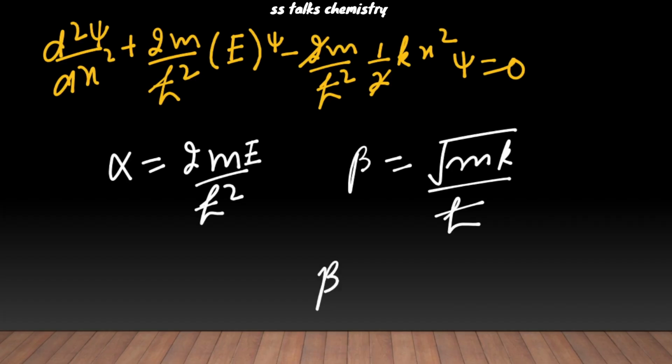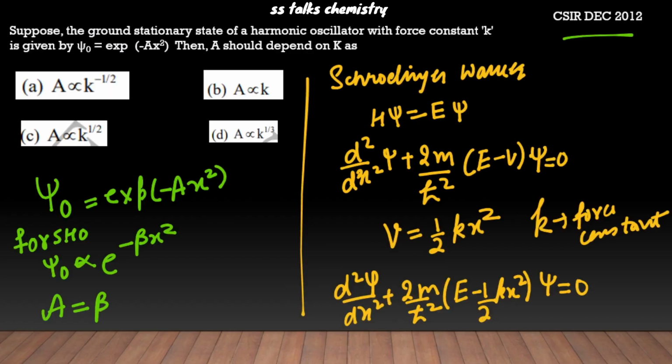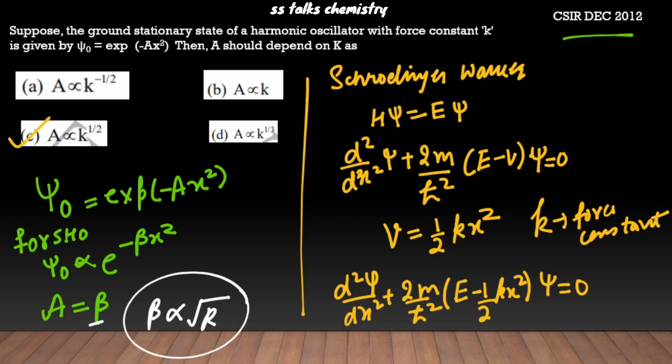So from here we see that the beta value is proportional to root of k, right? Because of the relationship of beta with k, we have to see it. So beta is proportional to root of k, so a will also be proportional to k raised to the power of 1/2. That makes option C the right answer.